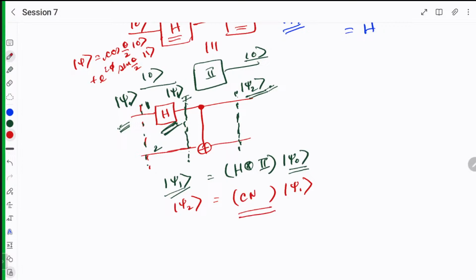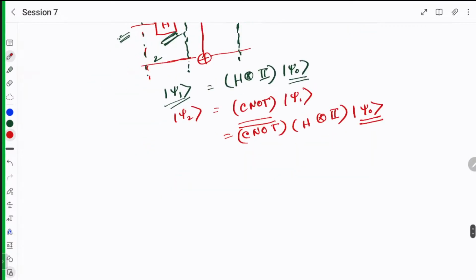That's right. And psi 1 we already have as C naught H tensor I acting on psi naught. So now if you want to go from psi 2 back to psi naught, what will be the operator that will sit here?